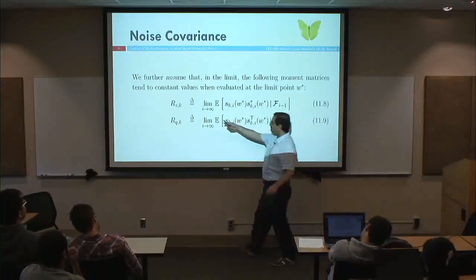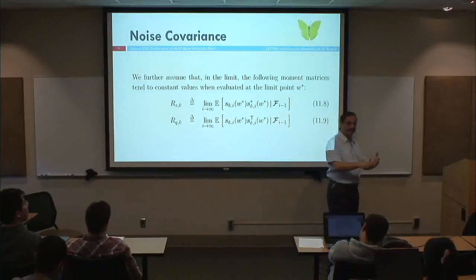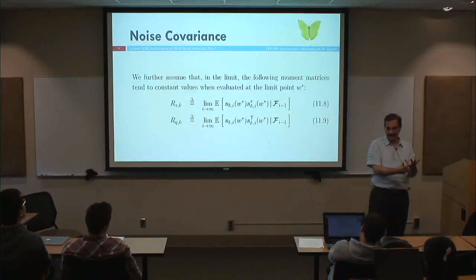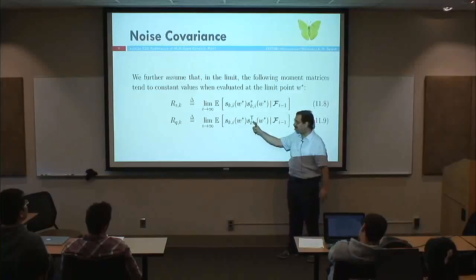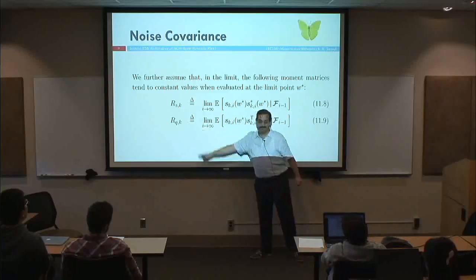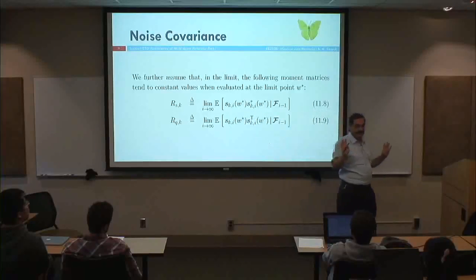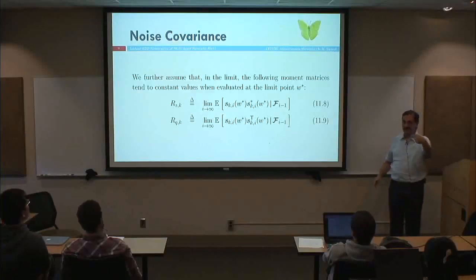I call it R_S. This matrix is Hermitian and non-negative definite. And the other second order moment involves S and S transpose. This matrix is symmetric, but not necessarily non-negative definite. So in the complex case, you need both R_S and R_Q.